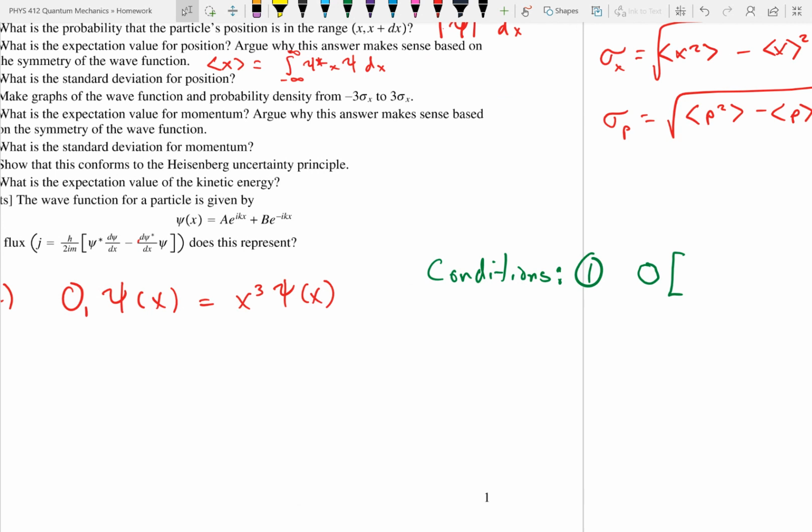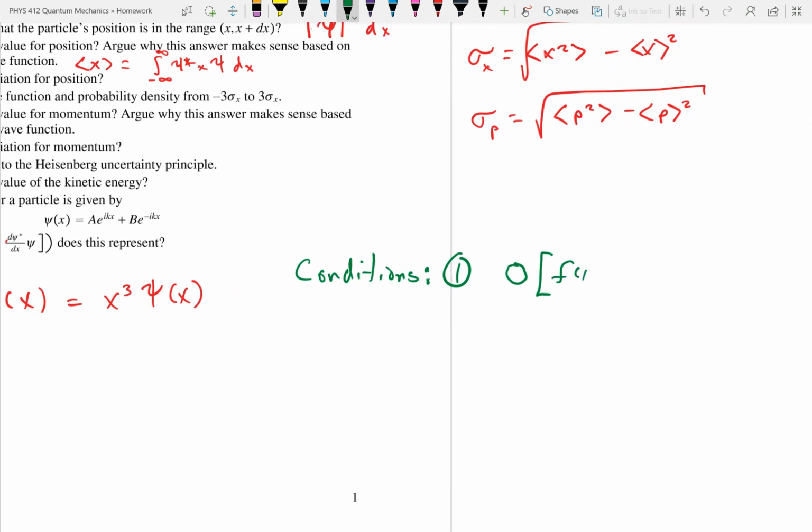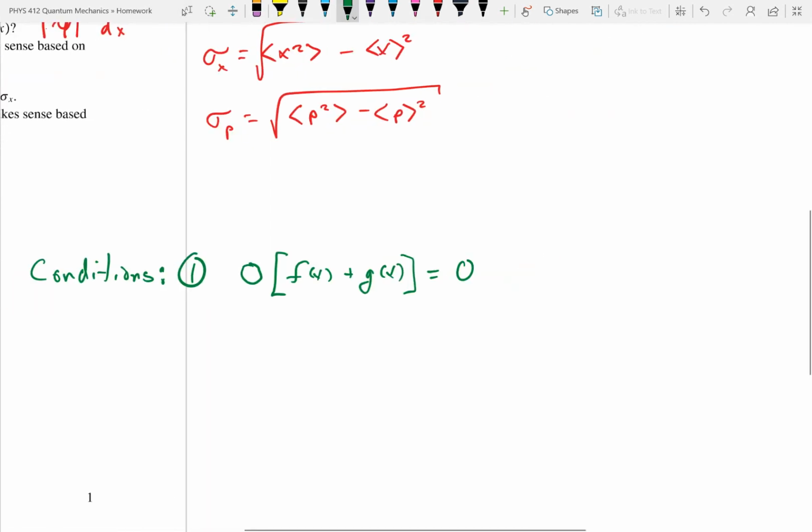I actually had this problem, and I wrote half of it in O and half of it in L, and then I changed them all to O. What does the textbook use? We can use L if you like L, or we can use anything else if you want. Either way, it's fine. But f of x plus g of x in the brackets equals O of f of x plus O of g of x for the first one.